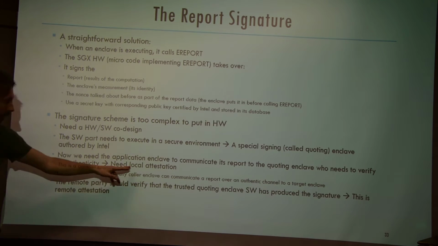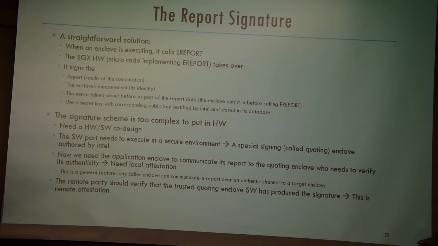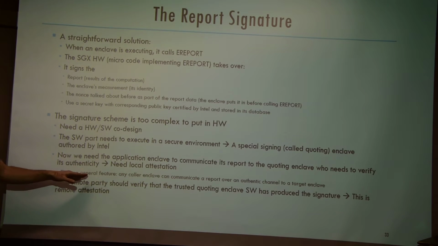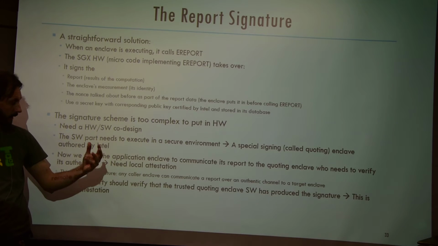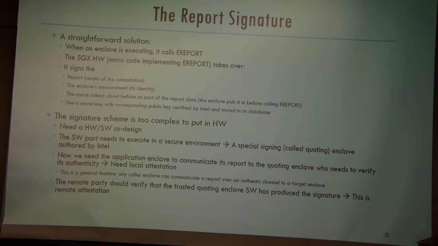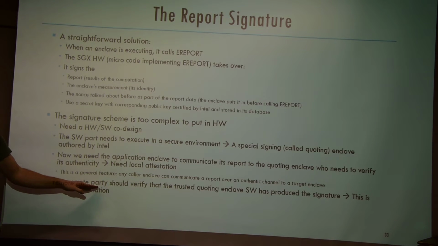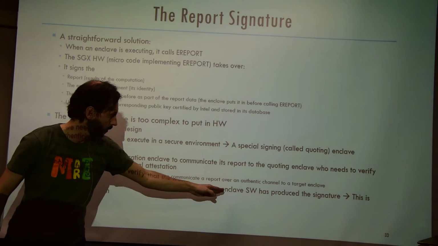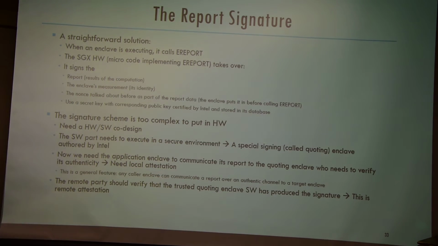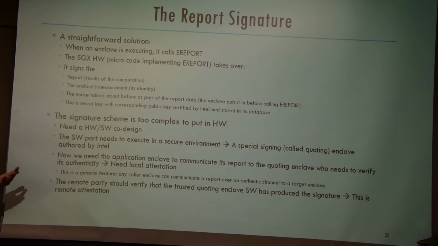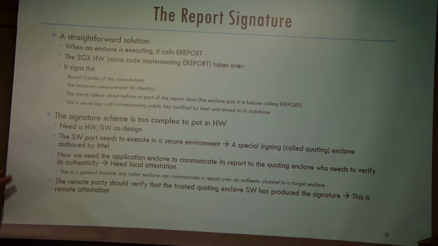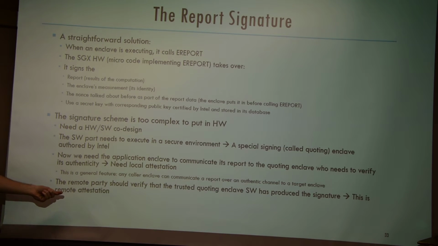So we need local attestation within the processor. This is actually a general feature. Any caller enclave can communicate a report over an authentic channel to a target enclave. Now the remote party should verify that the trusted quoting enclave software has properly produced the signature. And this is remote attestation.